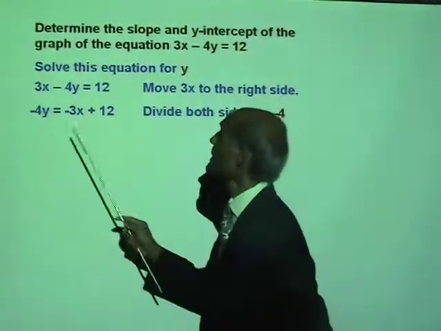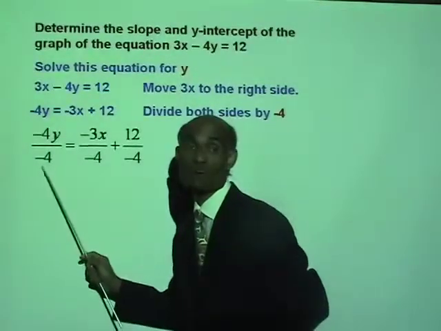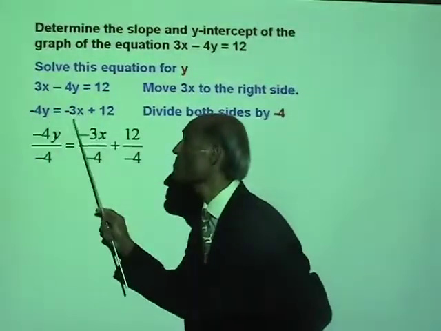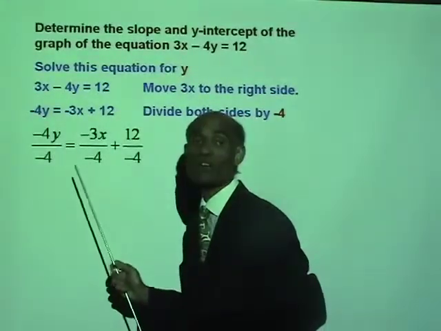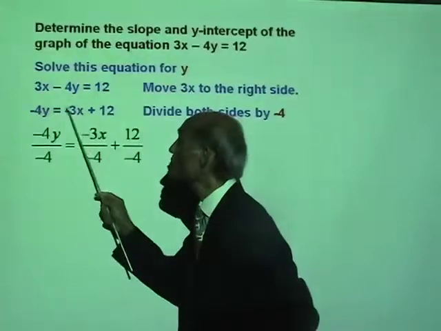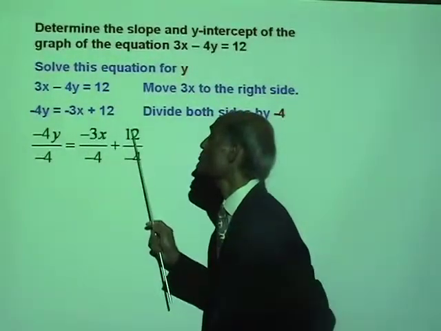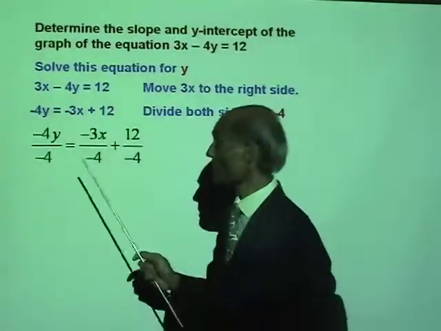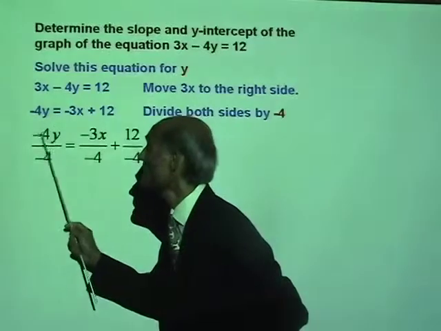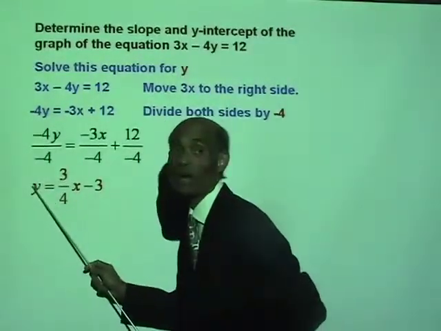Let's do that. So negative 4y divided by negative 4 equal to negative 3x divided by negative 4 plus 12 divided by negative 4. Okay, on here negative 4 and negative 4 will go, leaving us a y.